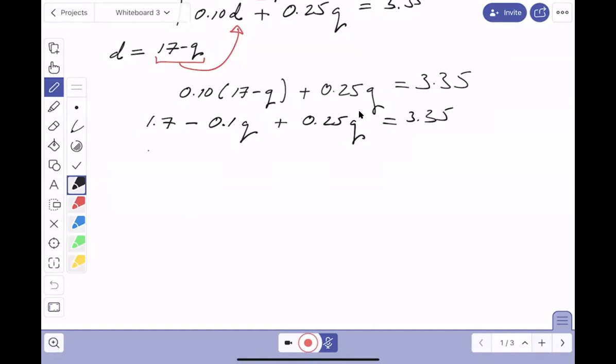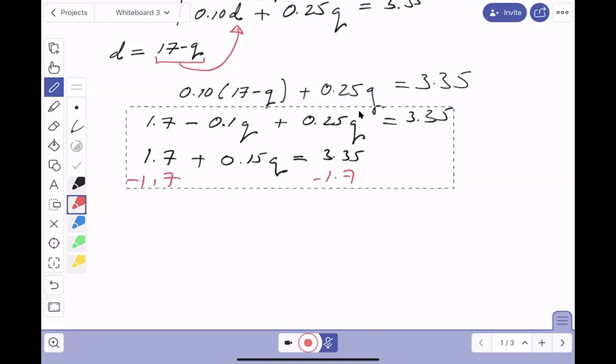So I'm going to simplify this. 1.7, and let's see, 0.25 minus 0.1 is going to be plus 0.15 Q equals 3.35. I'm going to subtract 1.7 from both sides. And what do I get?